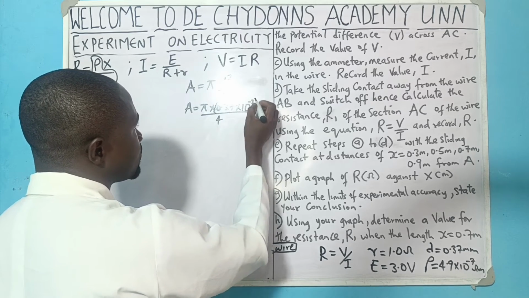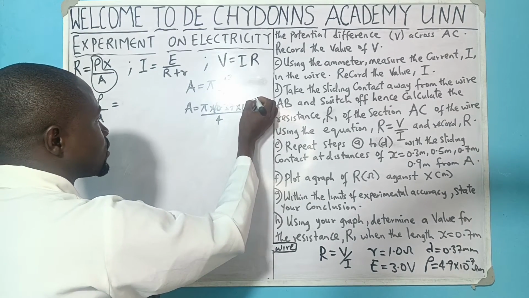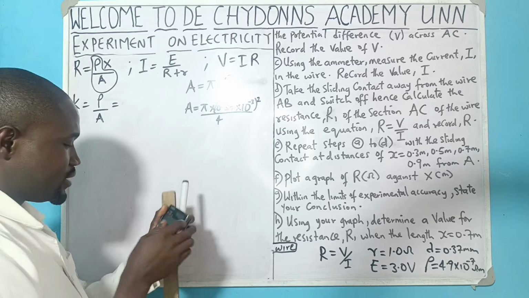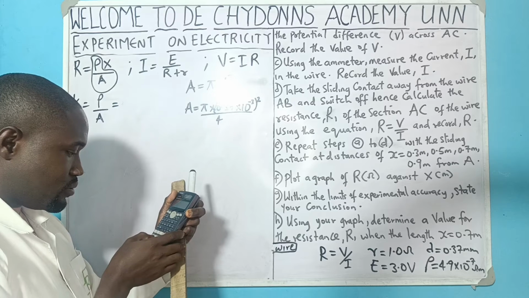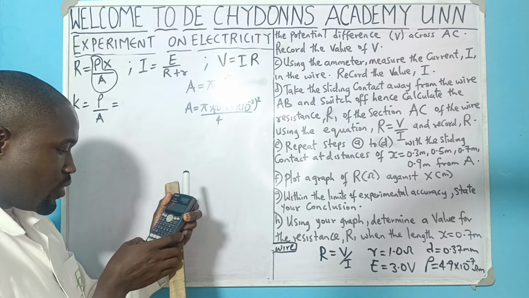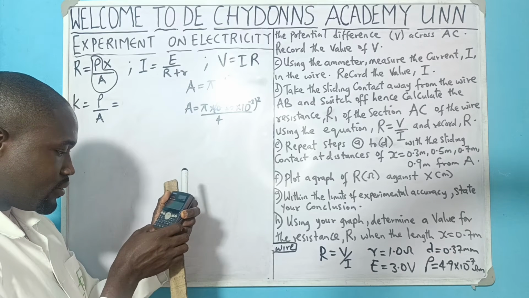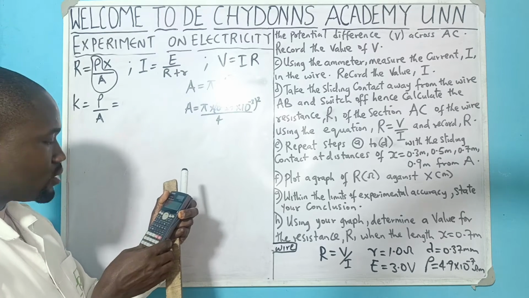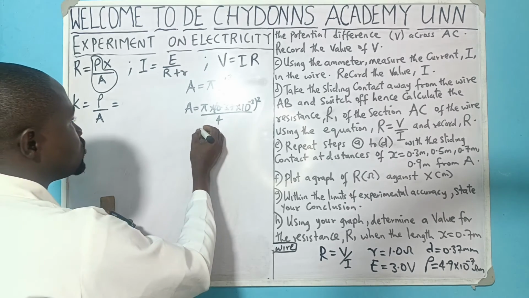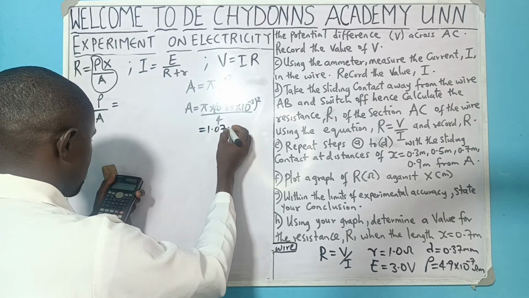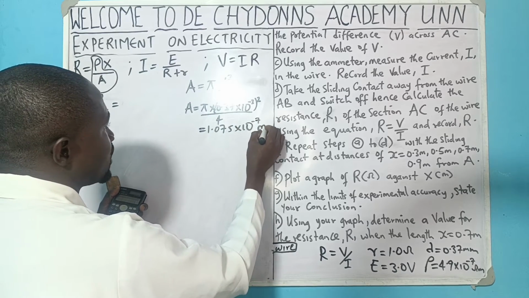Doing this, pi times bracket 0.37 times 10 raised to power minus 3 all squared, divided by 4, we get 1.075 times 10 raised to power minus 7 meter squared.